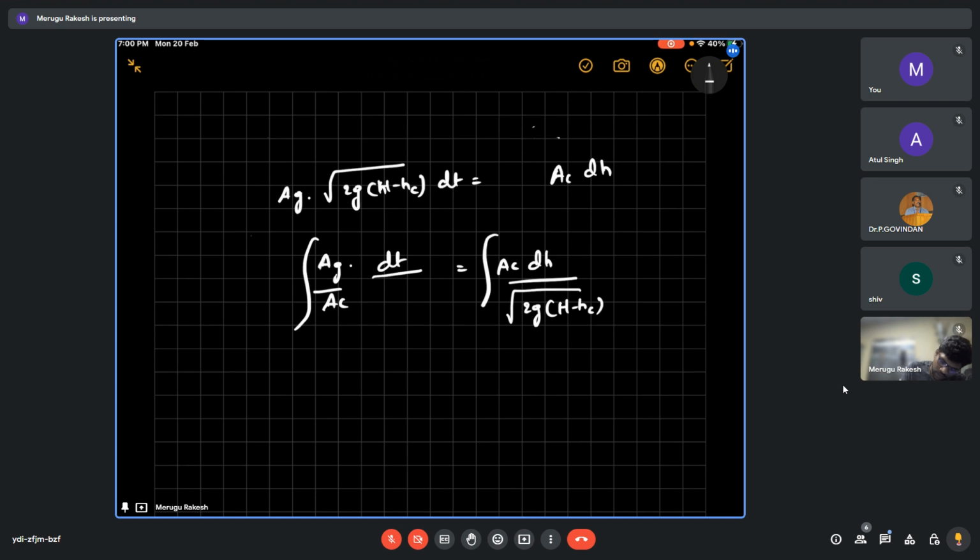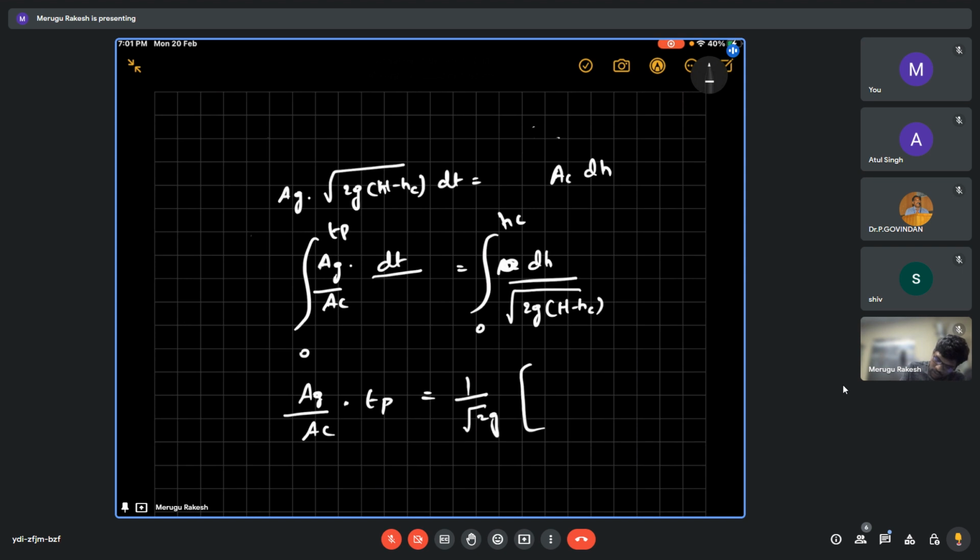Now we can directly integrate 0 to t pouring time and then 0 to h casting. So we can take Ag by Ac out, and over integration we get tp only. Here we can take root 2g outside.